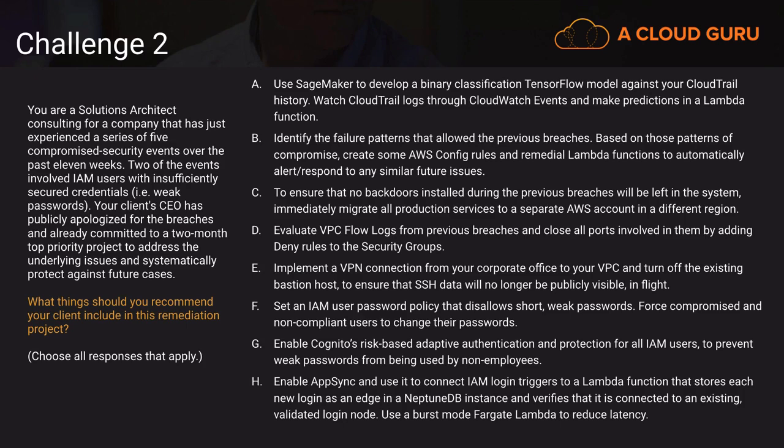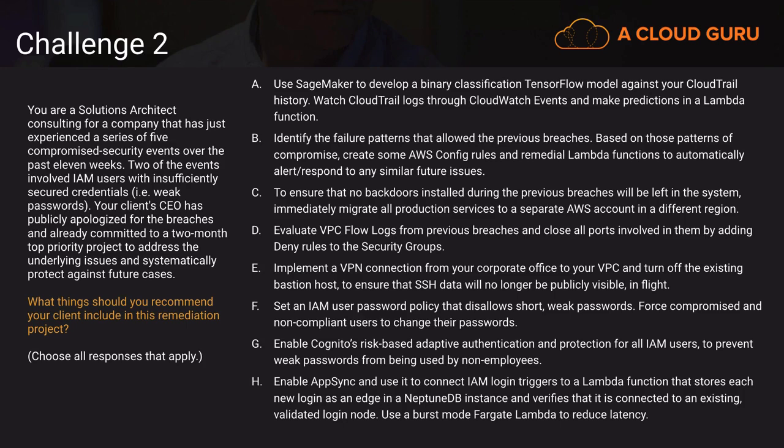The problem is that to create a decent machine learning model, you need a lot of training data. Sometimes that takes a lot of time, and it doesn't seem like in this scenario we have a lot of time. So I don't really like this. This seems like a very slow way to go about solving the problem. So I'm not going to recommend option A.